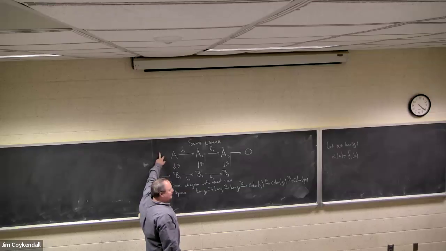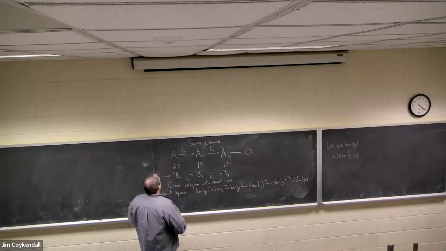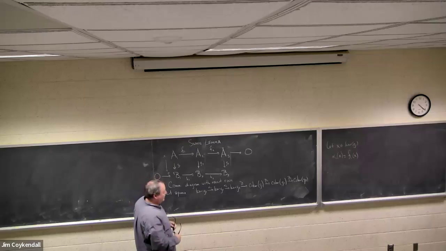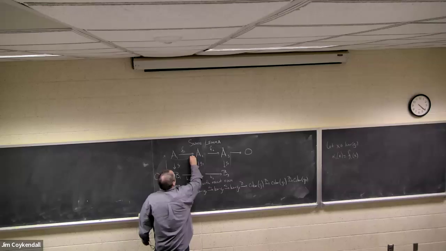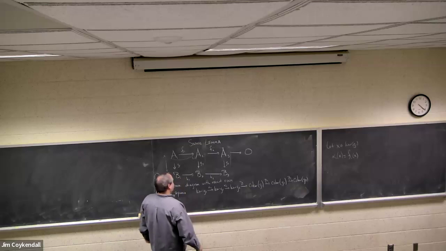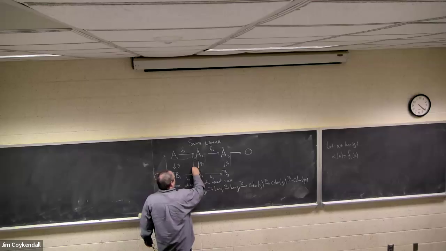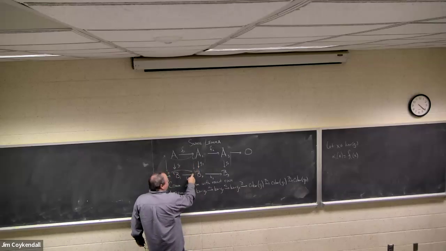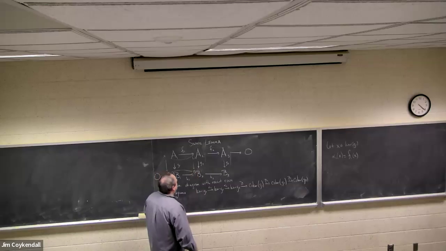Now, why is this in the kernel of G2? Well, if you have X and it's in the kernel of G1, it has to go to 0 there. So when you push this, F1 of X, which is our alpha 1 of X, the diagram must commute. And so whatever goes down here is the image of 0, but since it's the image of 0, this has to be 0.